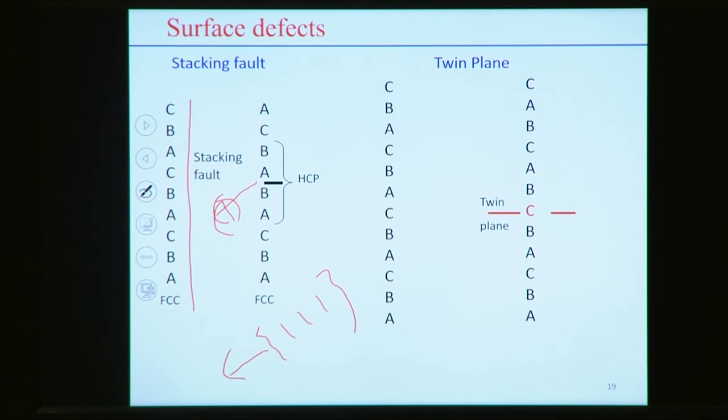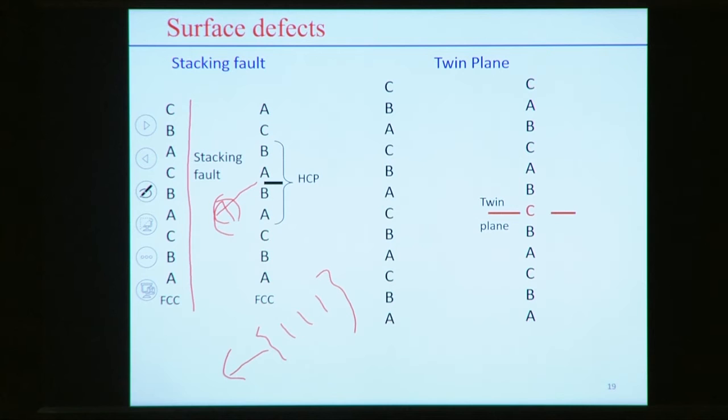This missing layer creates one of the defects, that is called the stacking fault. The B A within that layer follows the stacking sequence of the HCP structure, because the HCP structure generally follows only two stacking sequences and repeats the same afterwards.